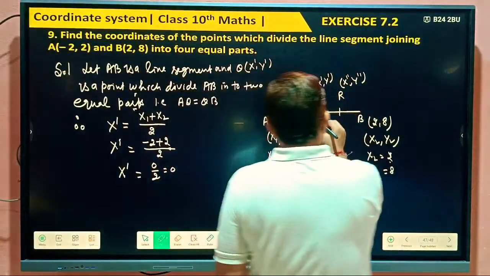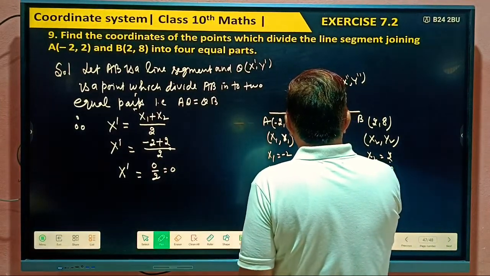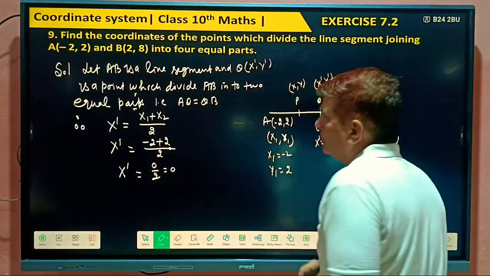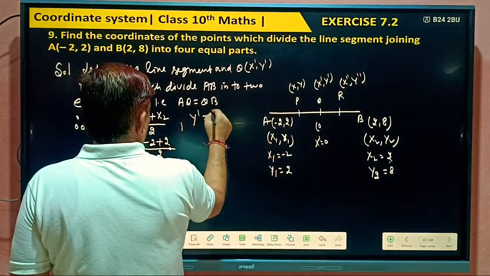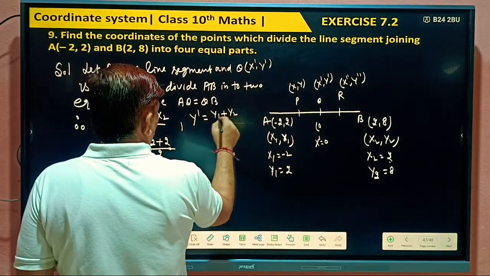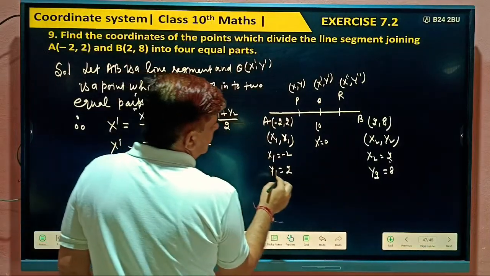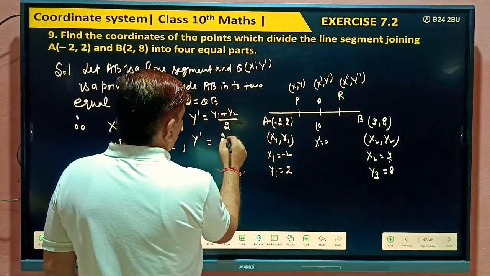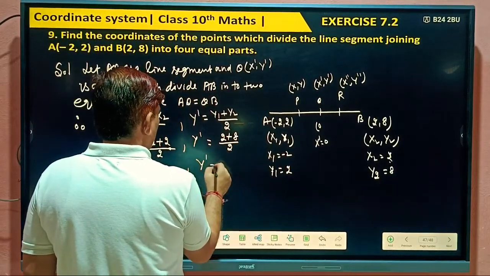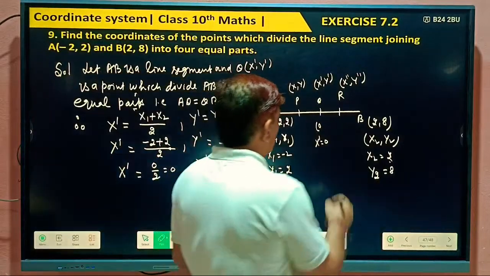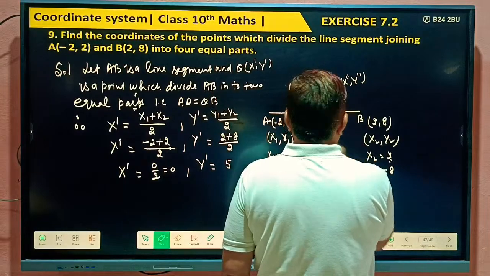So x dash equal to 0. Similarly, y dash is equal to y1 plus y2 by 2. So y dash equal to 2 plus 8 by 2. So y dash is equal to 5.